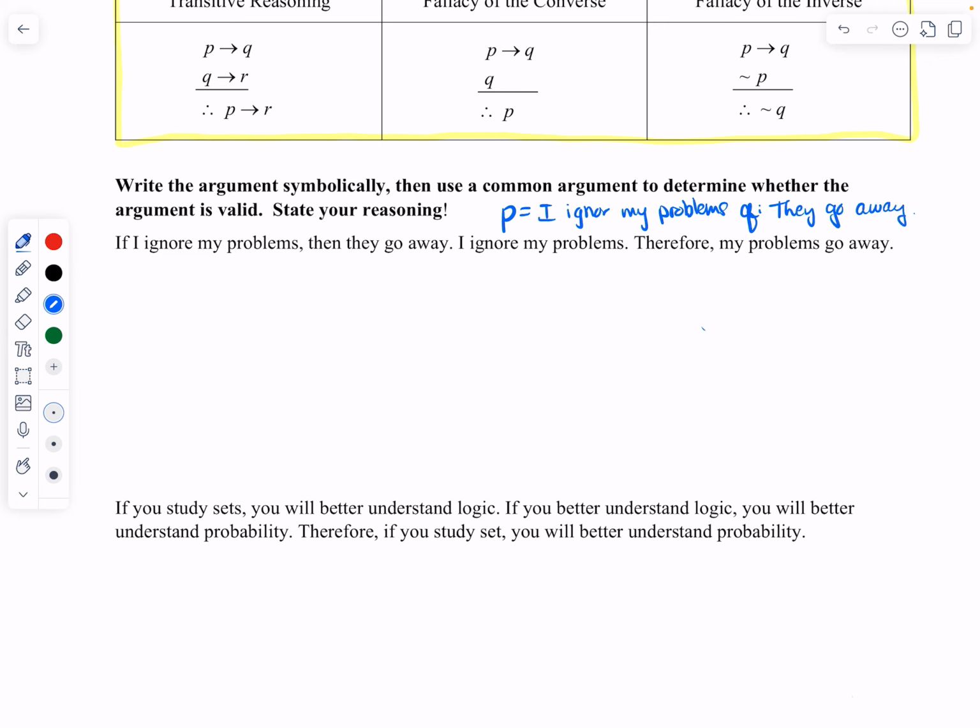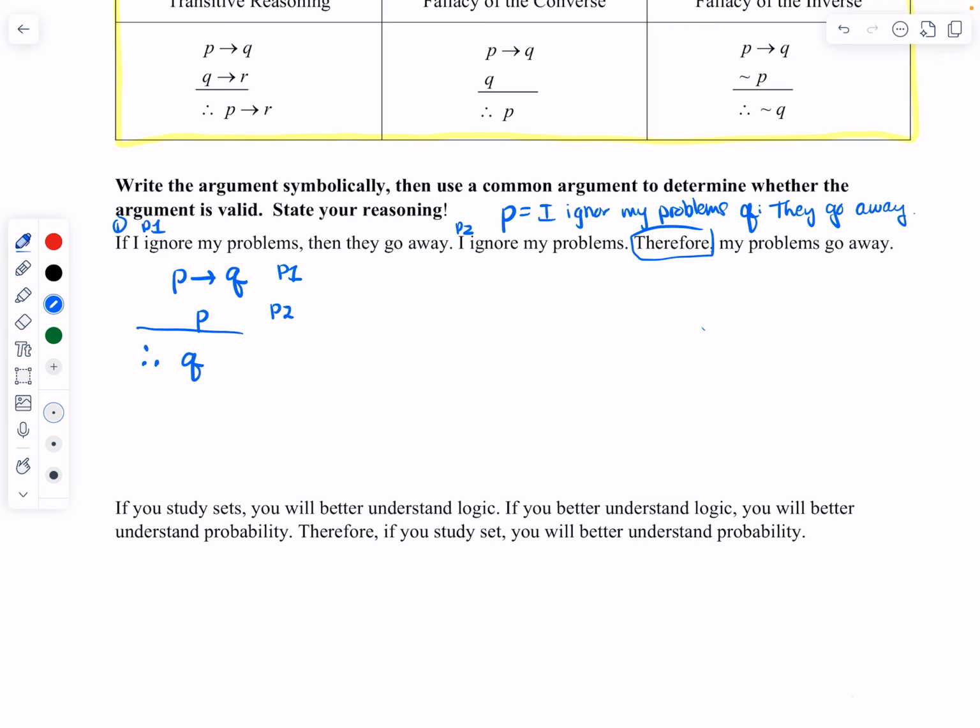Okay, so let's do premise 1, which is the first statement. If I ignore my problems, P, then they go away, Q. So that is the conditional. So that's P1. Second sentence, P2: I ignore my problems. That's P. The conclusion is, therefore, my problems go away, which is Q. Okay, so I have to match that up.